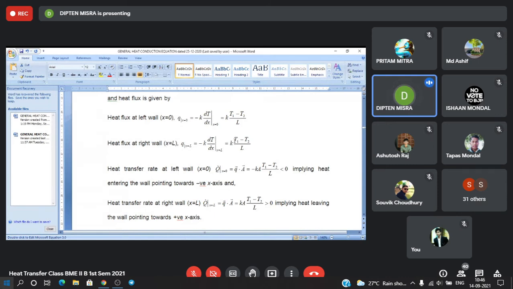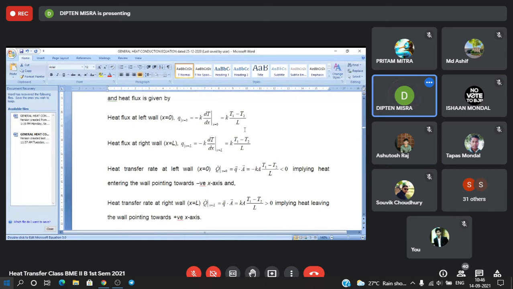Capital Q dot will be the same, because there is no internal accumulation, because the body is under steady state. There is no internal accumulation of energy within the body or depletion of energy from the body. And also there is no other way for the heat to travel. It can flow only along x.